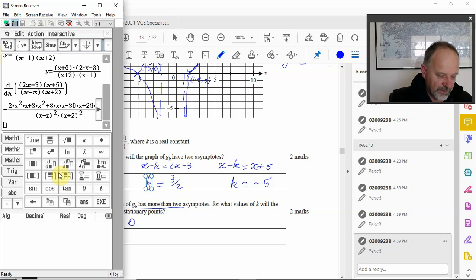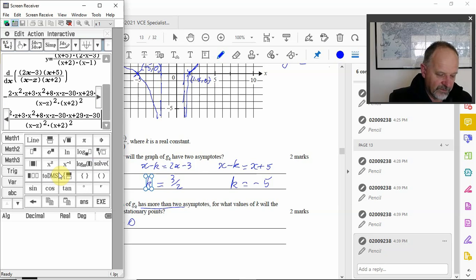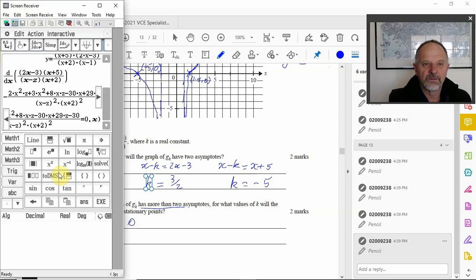All right, and what we want to do is we want to know when is that 0, so we can go solve this up here, drag it down, equals 0, and we want to solve it for x. And so we get the calculator to do some stuff, and thinking. All right, there's a lot of thinking going on here with this particular thing.